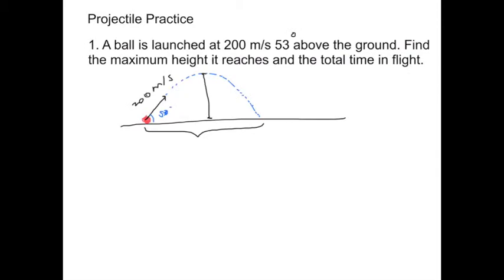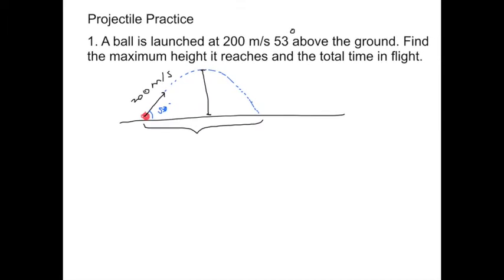A ball is launched at 200 meters per second, so we'll call this v0, or v initial, at an angle theta of 53 degrees above the ground. Find the maximum height it reaches, so that's part 1, maximum height, and the total time in flight, part 2. So we'll start with the maximum height.